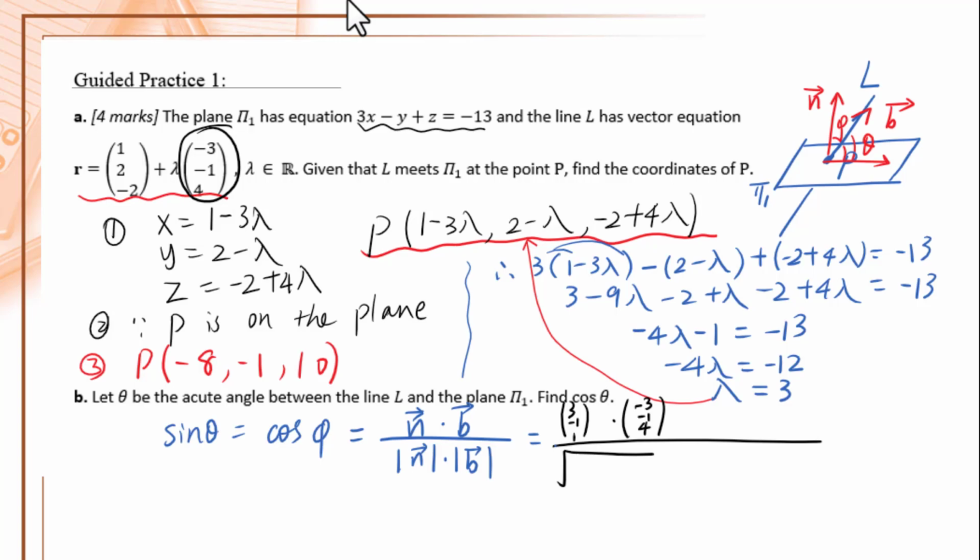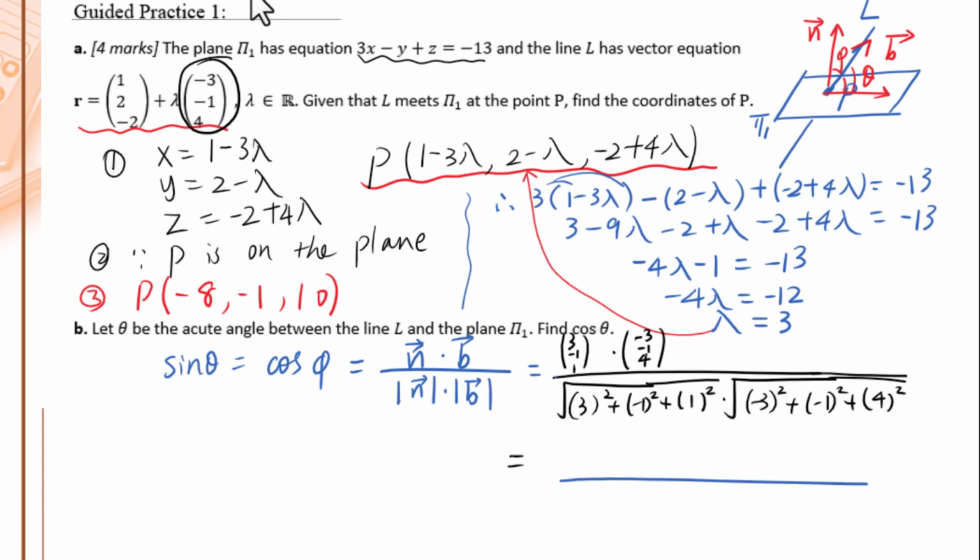Square root of (3 squared plus negative 1 squared plus 1 squared) times the square root of (negative 3 squared plus negative 1 squared plus 4 squared). Work this out. 3 times negative 3 plus negative 1 times negative 1 plus 1 times 4.